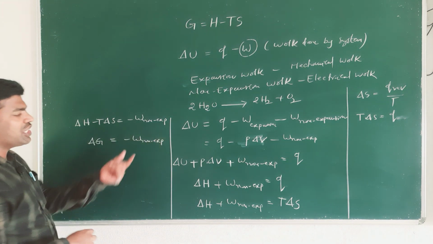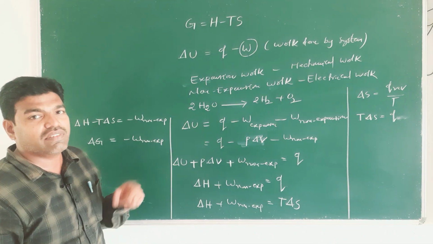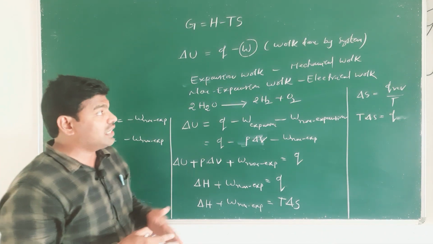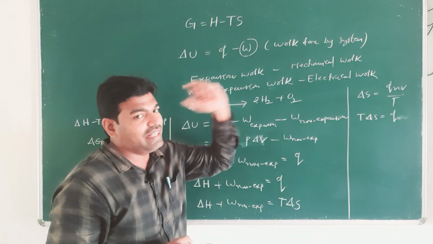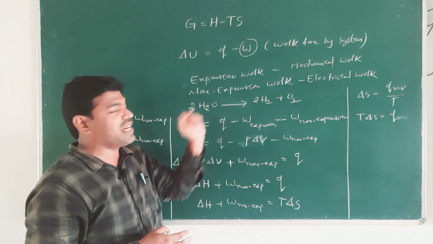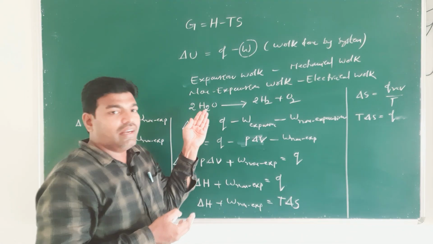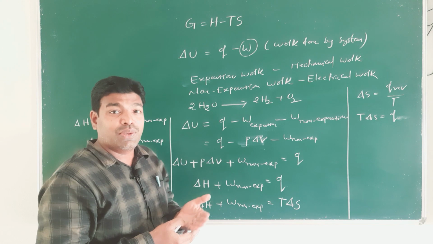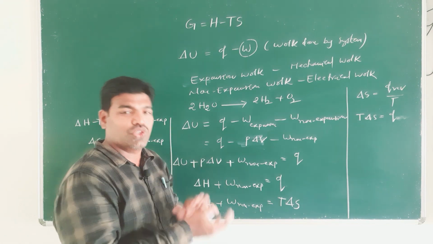Non-expansion work is a useful work, because here the electrical work is non-expansion work, and that non-expansion work did the decomposition of water into hydrogen gas and oxygen gas. Actually that is useful work.